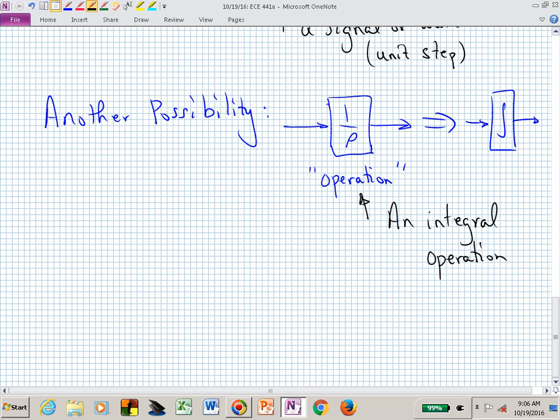Well, they are going to increase your system type, and they are going to improve your steady-state accuracy. It's this trade-off between steady-state accuracy and transient behavior.